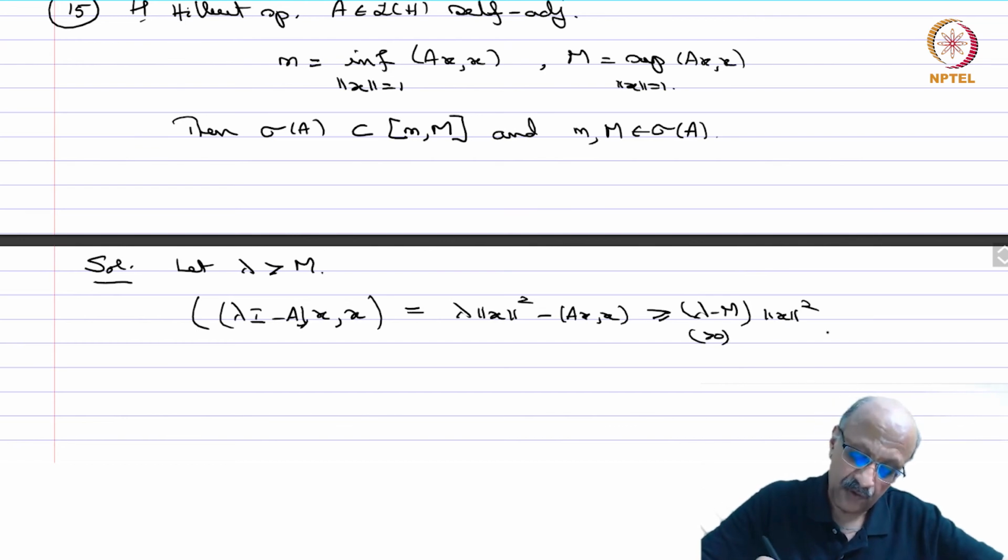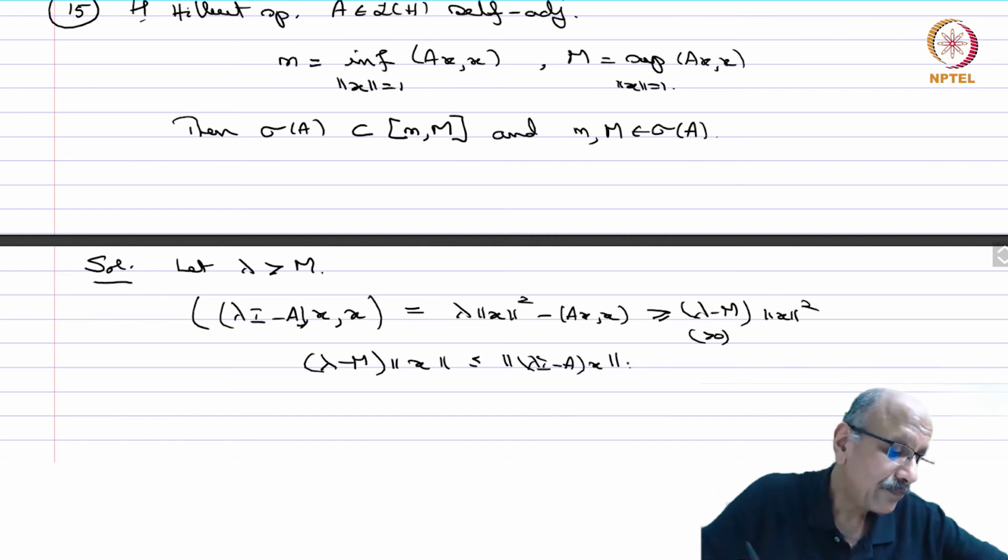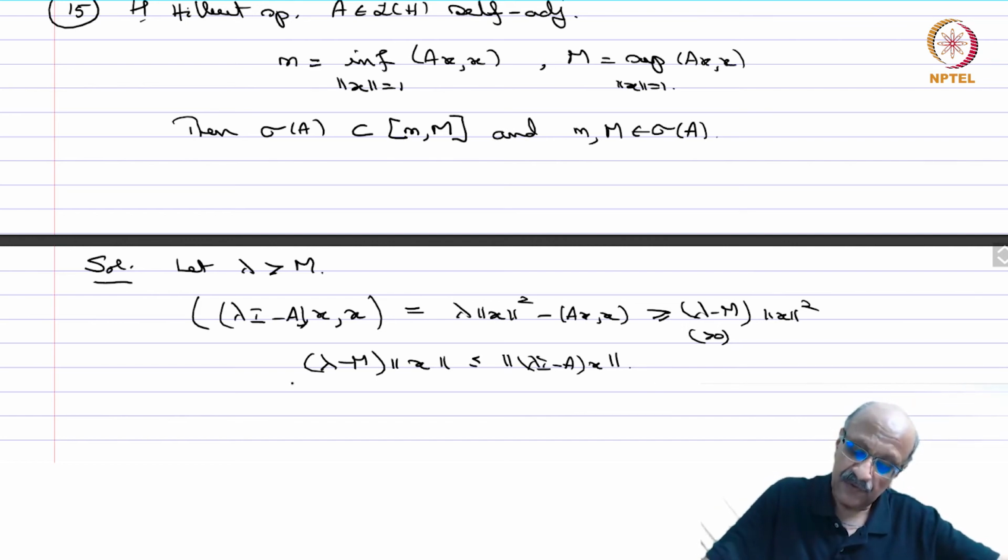Now if you apply Cauchy-Schwarz on the left hand side, you will get that (lambda minus M) times norm x is less than or equal to norm of (lambda I minus A)x. Now this is a familiar thing, we have used this many times in our theorems, a famous lemma.